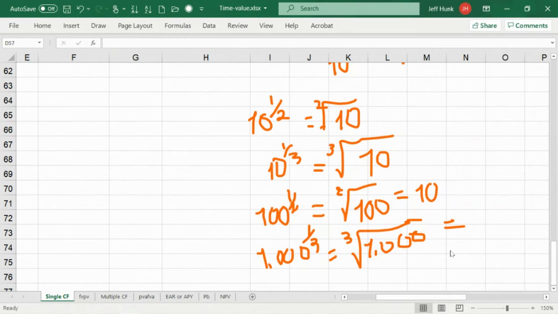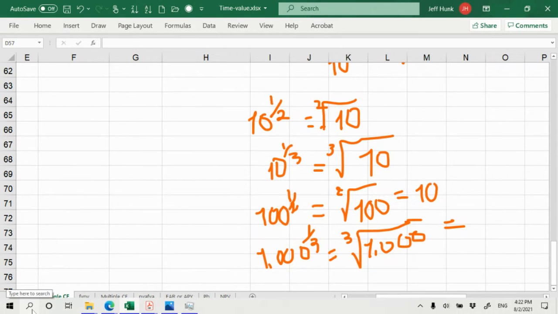333? What are you talking about? Are you dividing? This is not division. I'm shocked. This is exponent. Is it 100? No. How can it be 100?